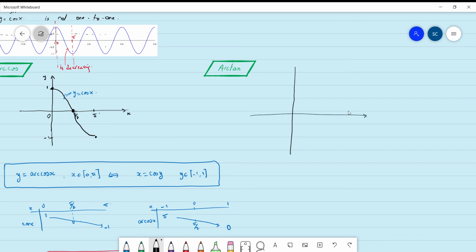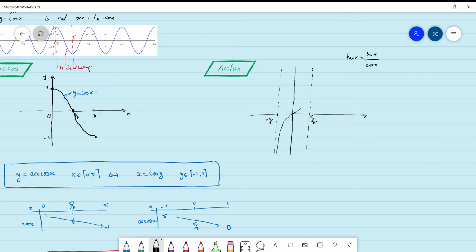Tangent x is sine x over cosine x, so it is not defined at pi over 2 plus multiples of pi. So we will restrict to between minus pi over 2 and pi over 2, which are vertical asymptotes for our function.